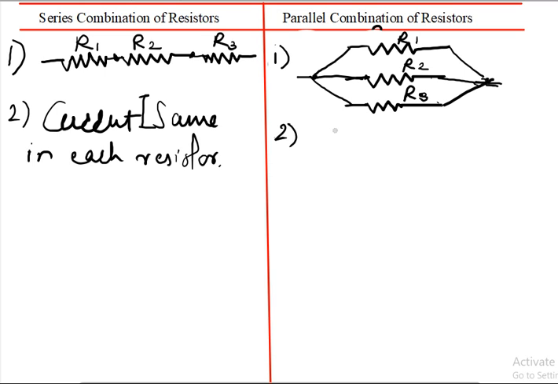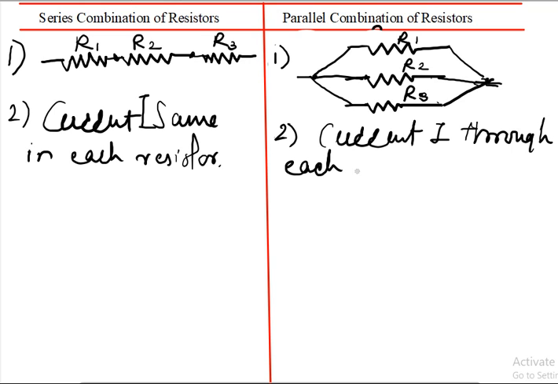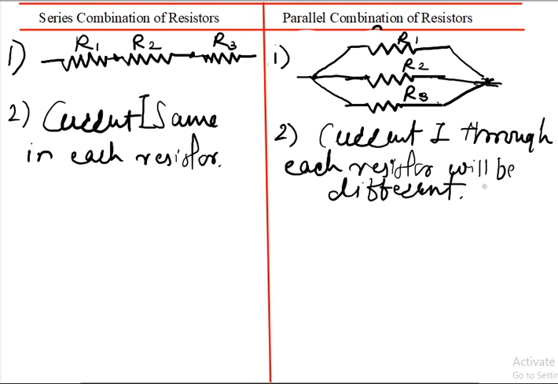But in a parallel combination, current through each resistor will be different. You can consider this as a criterion for identifying complex circuits, whether the resistors are connected in series or parallel.